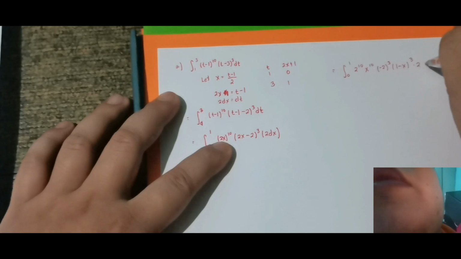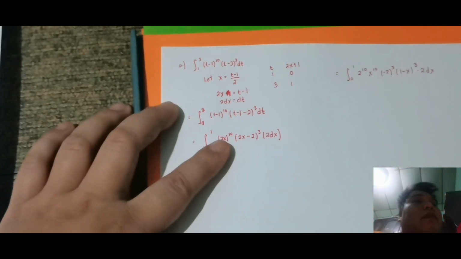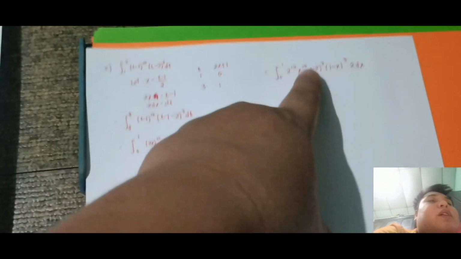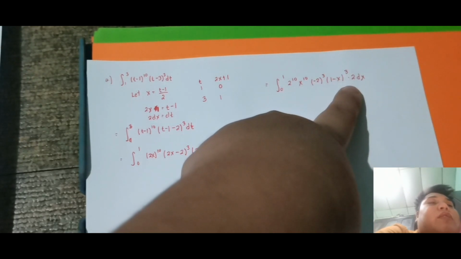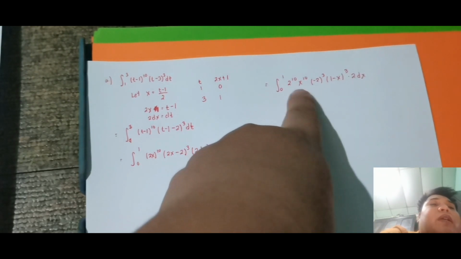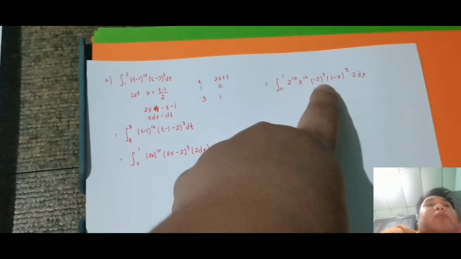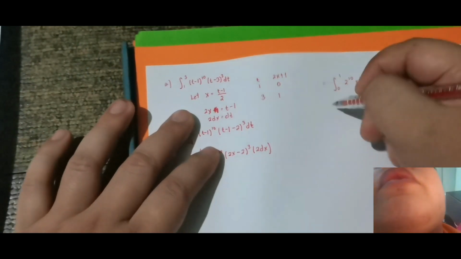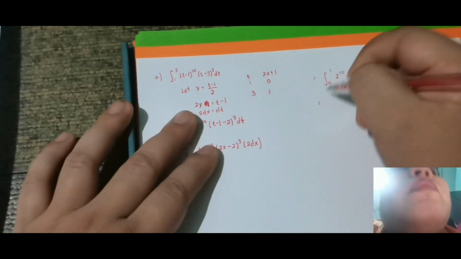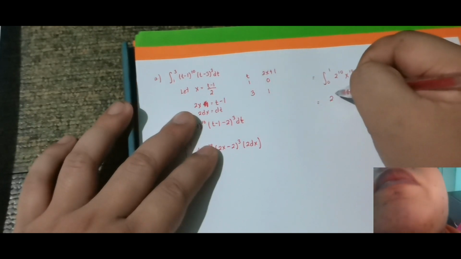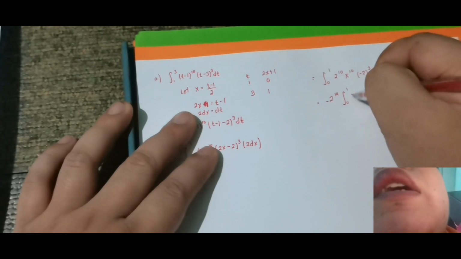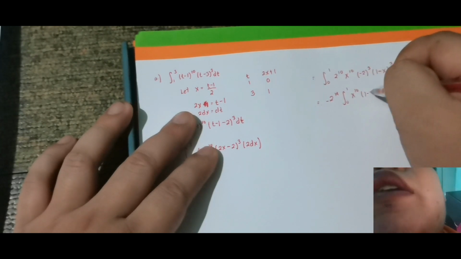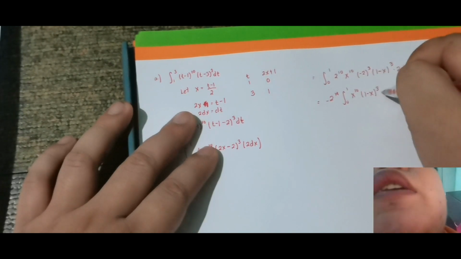Tapos may isa pang 2, then dx. So obviously, that is negative 1 raised to 3. So yung 2 raised to 3, 2 raised to 10, 2 raised to 1, so may negative na lalabas. So parang 2 raised to 14 lalabas natin. So this is just equal sa negative 2 raised to 14 tapos integral from 0 to 1 ng x raised to 10 times 1 minus x raised to 3 dx.